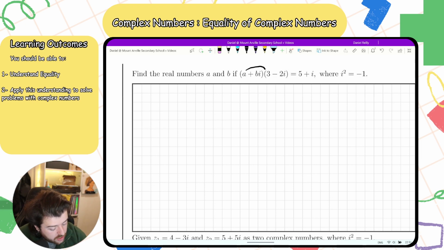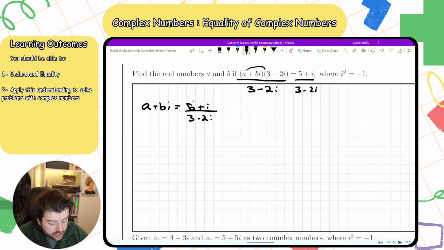So one way you could do is divide both sides here by 3 minus 2i. Then you're left with a plus bi equals 5 plus i divided by 3 minus 2i. And then all you need to do is evaluate this division. Or what you could do is multiply this out and then equate real with real, imaginary with imaginary.